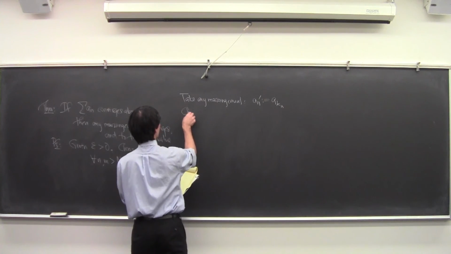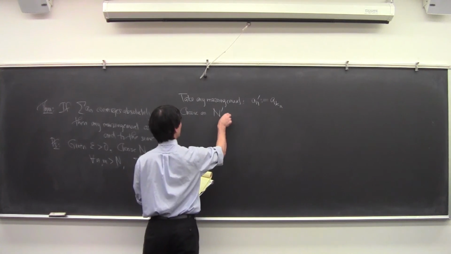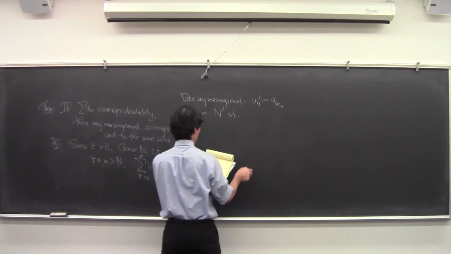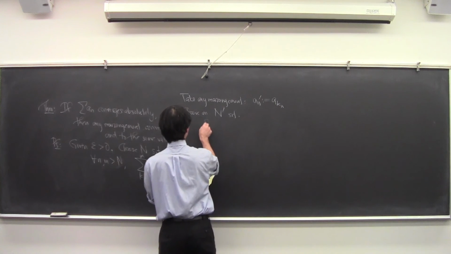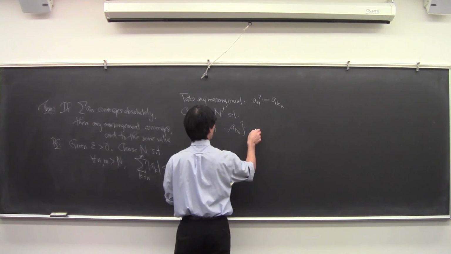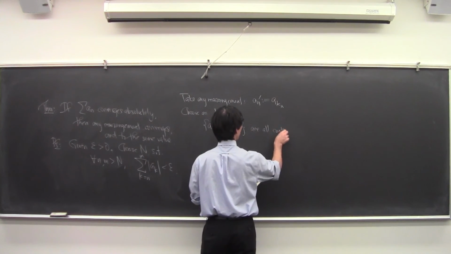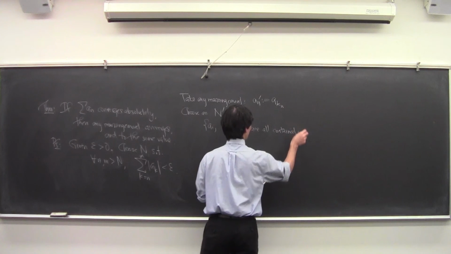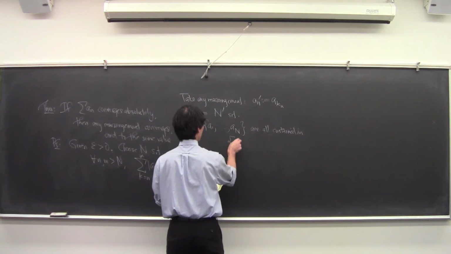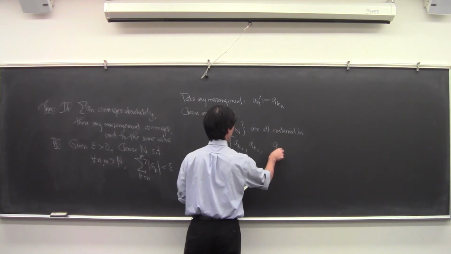And then choose an N prime such that a1 through aN are all contained in a k1 through a k N prime.